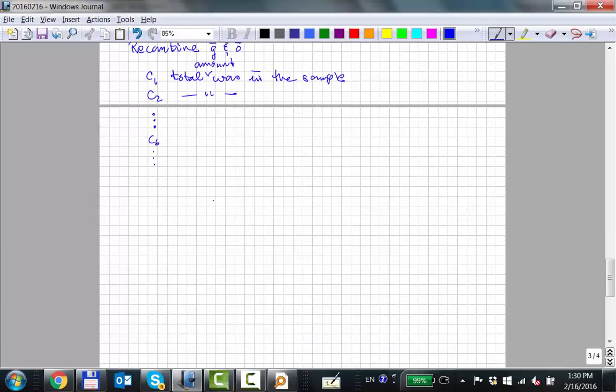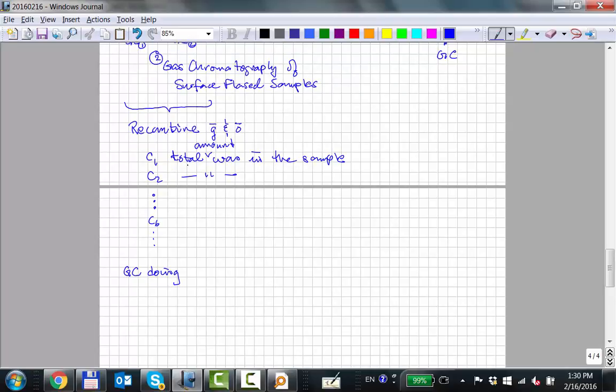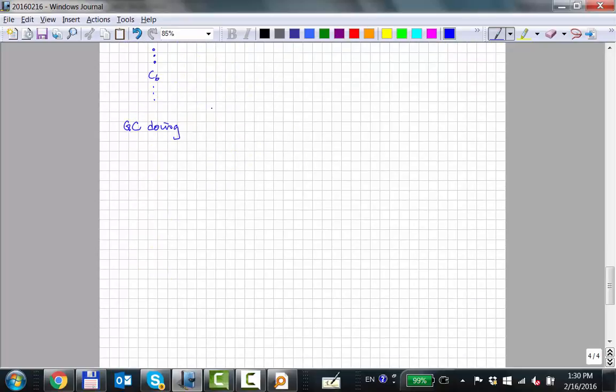Okay. So now, the question is, what is the GC doing? Because I didn't really say. I said it got the amounts of the methane in the gas. Okay, so how does it do that? What is the gas chromatograph doing? Okay.